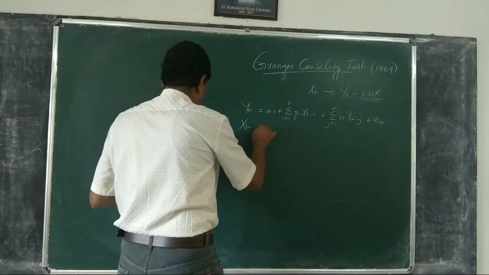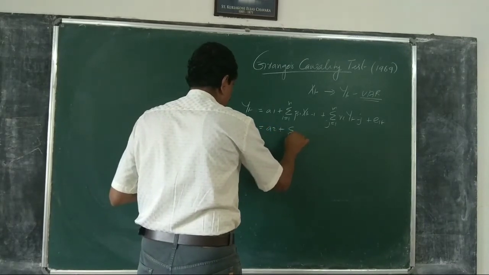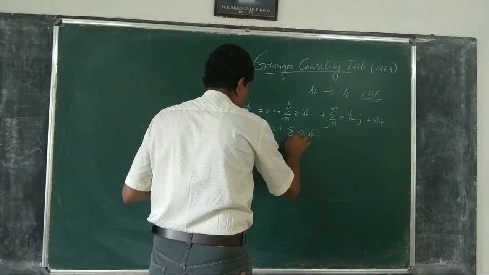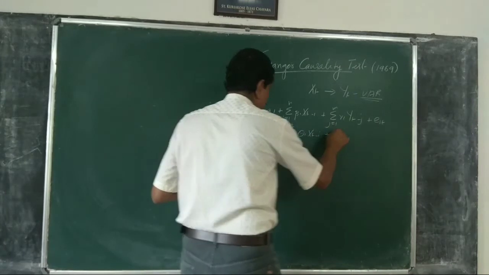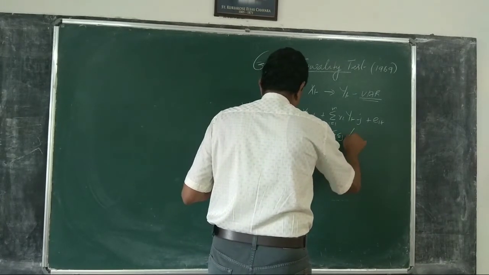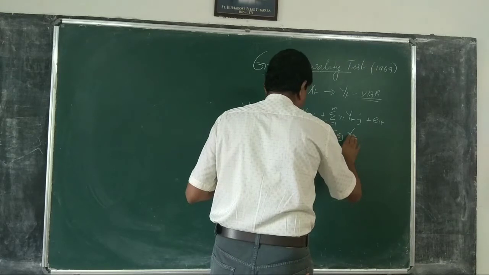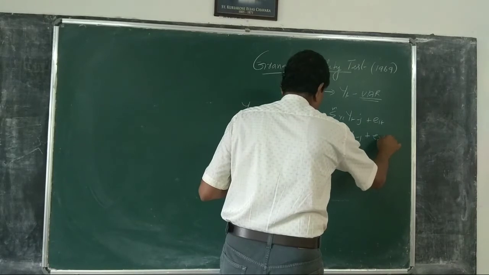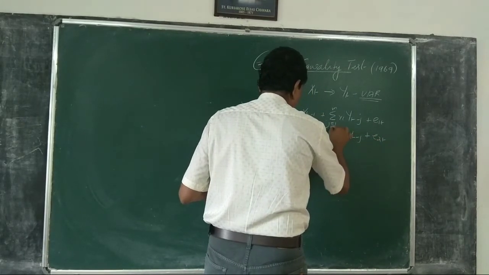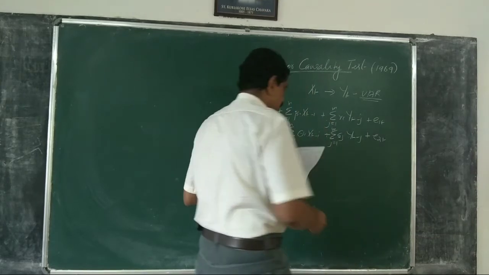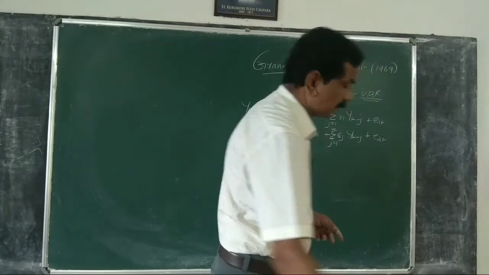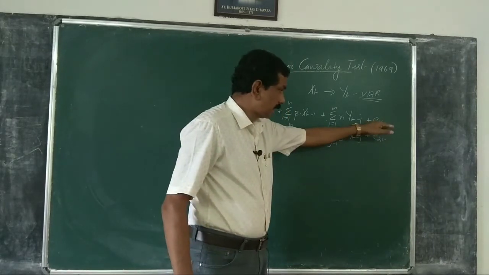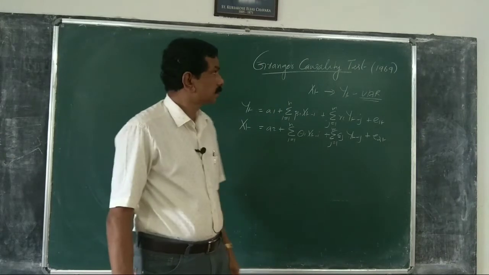xt = a2 + sum over i=1 to n of theta_i x_{t-i} + sum over j=1 to m of delta_j y_{t-j} + e2t. Now, e1t and e2t are unrelated white noise error terms.